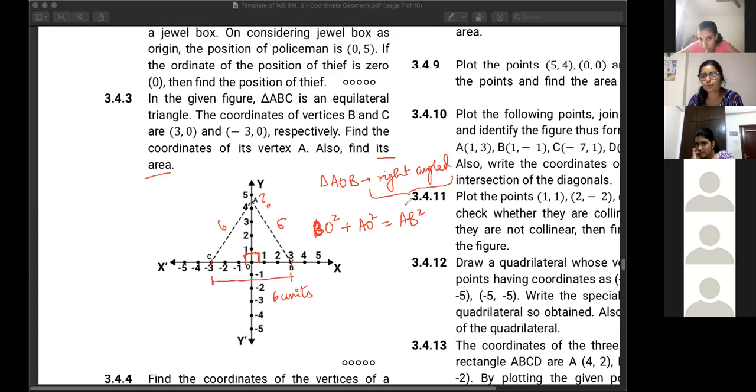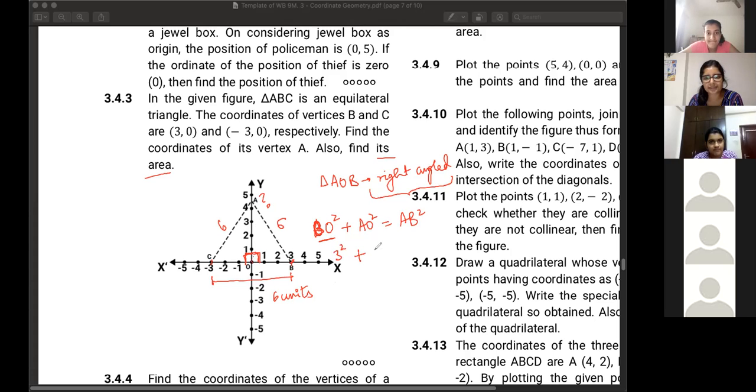In this, what are your knowns and what are your unknowns? Do you know the length BO? Yes, ma'am. How much is it? Ma'am, 3 centimeter. 3 squared plus, do you know the length AO? No, ma'am.